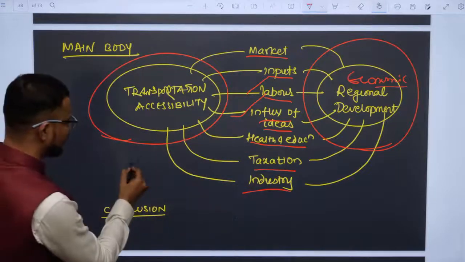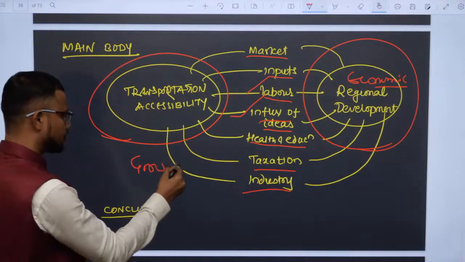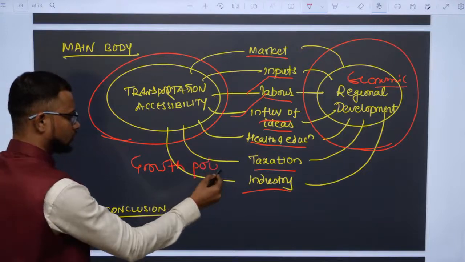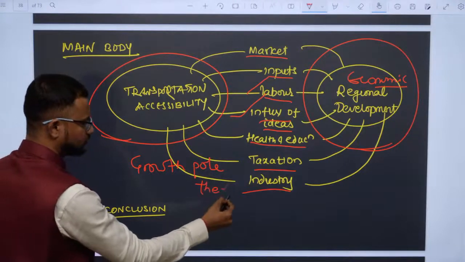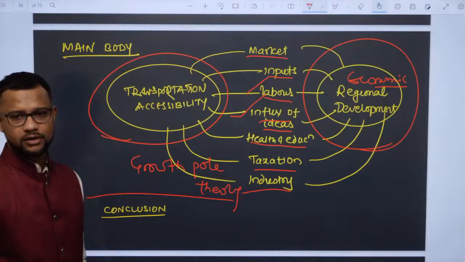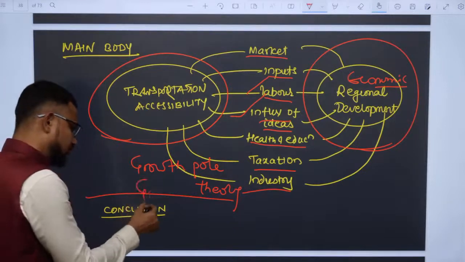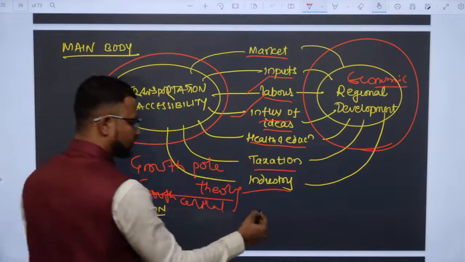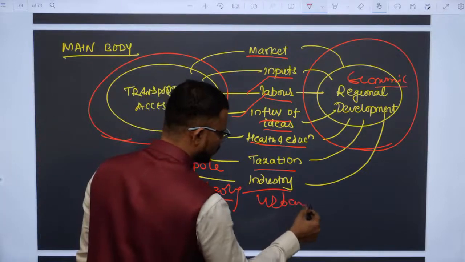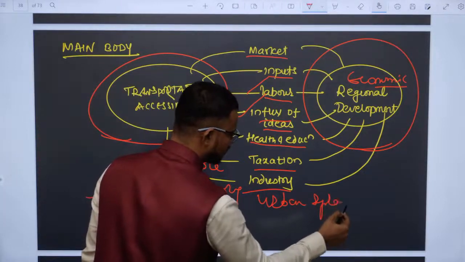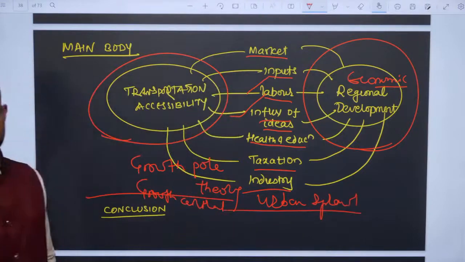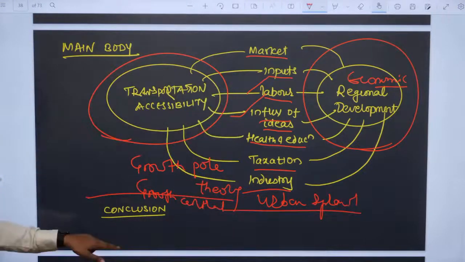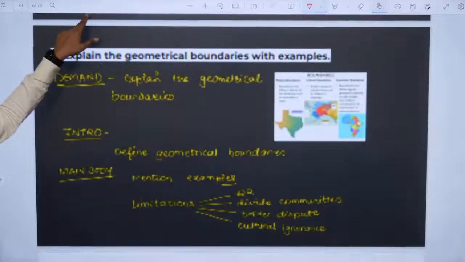So here you can connect with the growth pole theory of Boudeville, the growth center concept, or the urban sprawl concept also, ठीक है? Though it is negative in the sense, yes, you can connect it that way also, with urbanization. And this is how you need to conclude further.